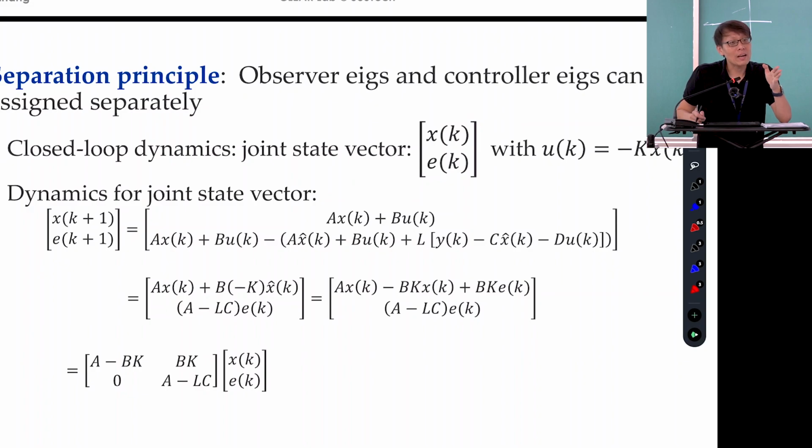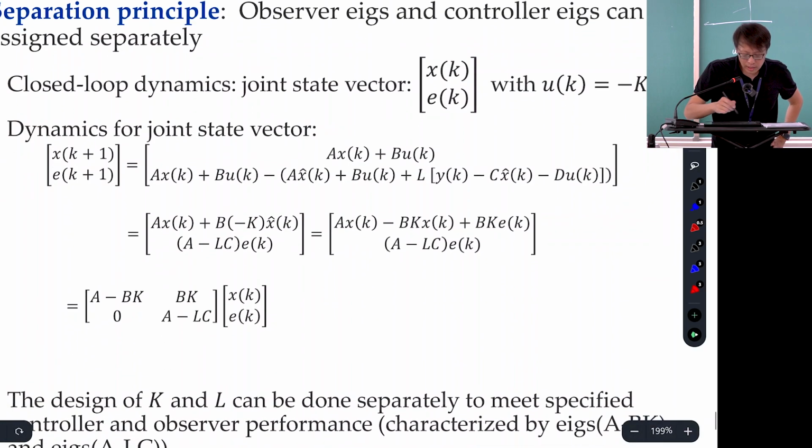You only have access to x hat, not x. But you don't worry about that: you design your K, the control part, thinking you have the true state. That ability is called the separation principle, and because you plug them in together, everything will work out. So that's the discussion of the separation principle.